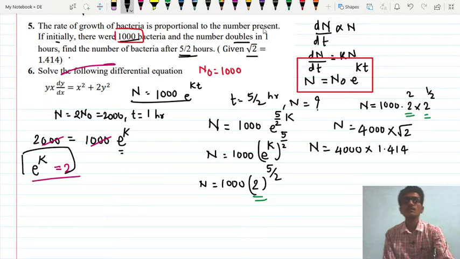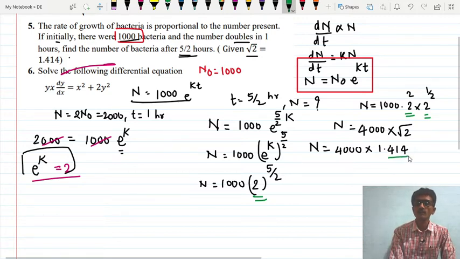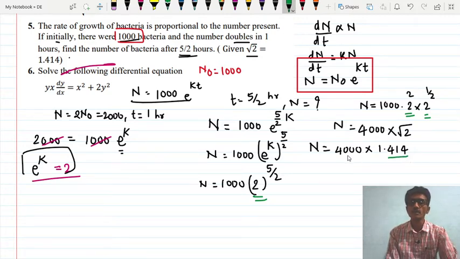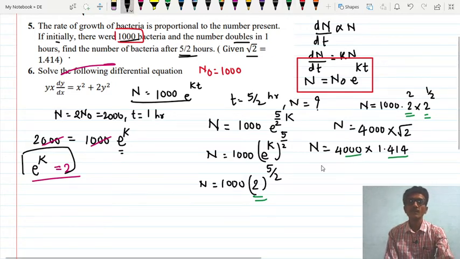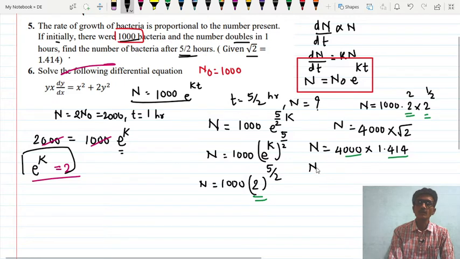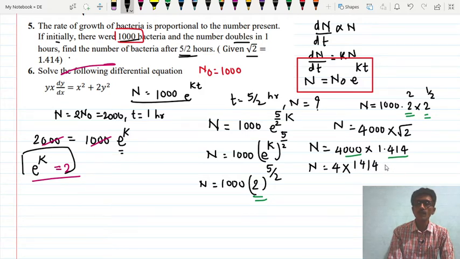So the decimal point will be here, and it is simply a multiplication. N is equal to 4 into 1414, and the product is 5656.